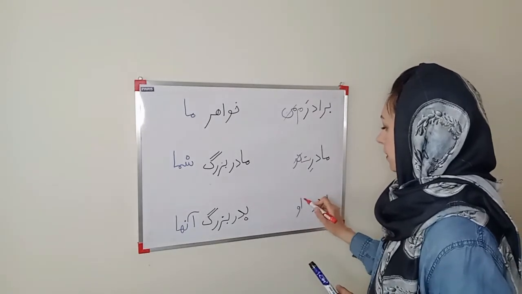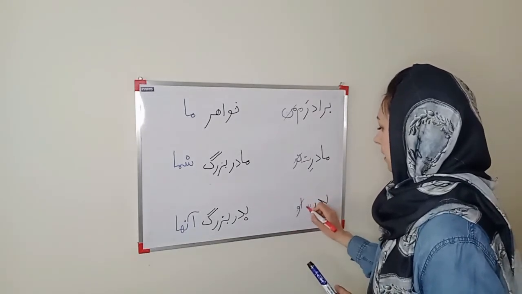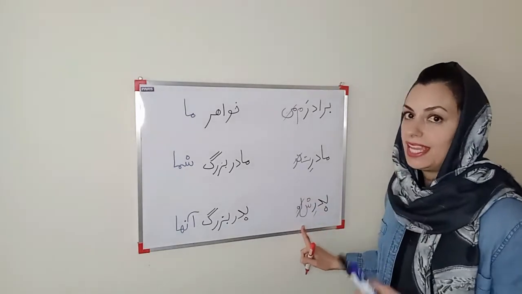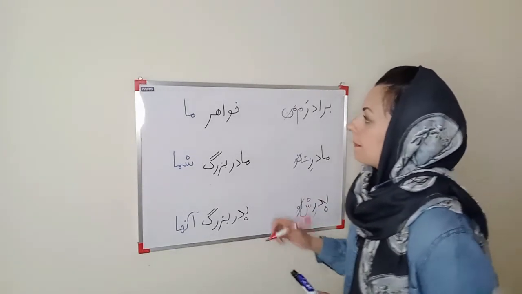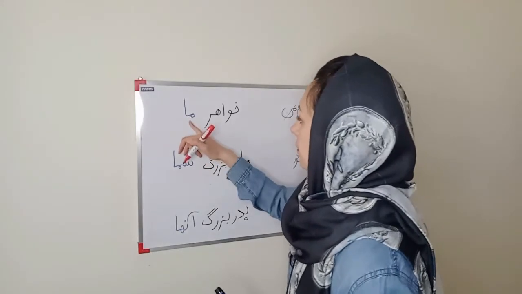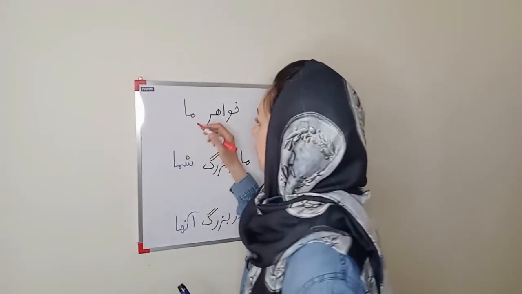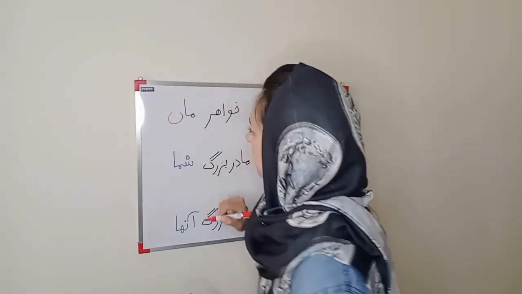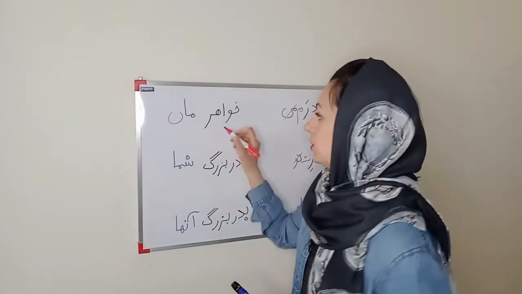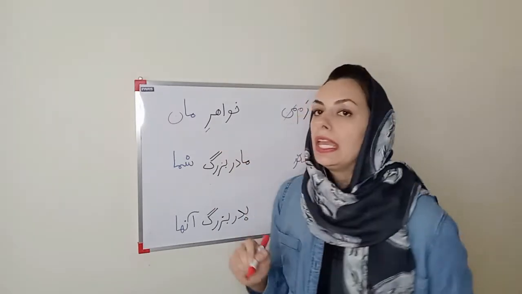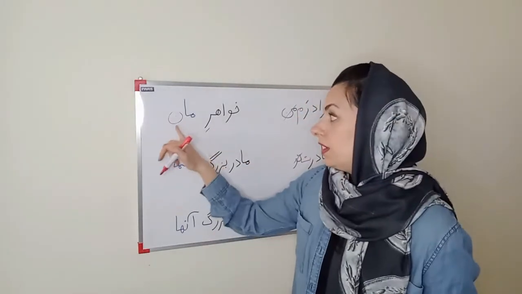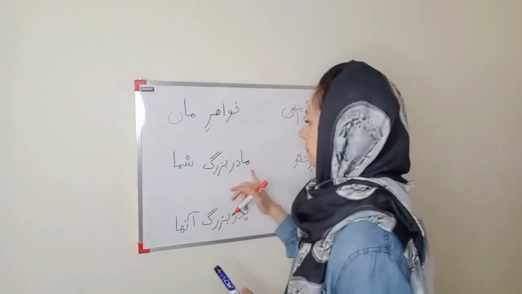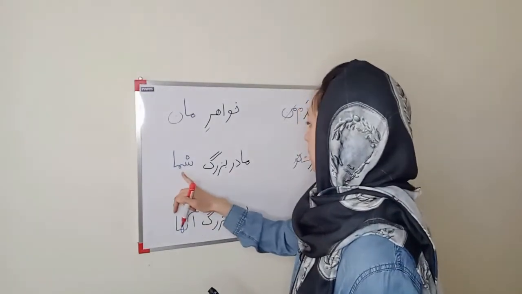پدر او, instead of او, we're going to say پدرش. And then instead of خواهر ما, we're going to just add a nun here, خواهرمان. But in spoken Persian, we know an becomes un, so we would say خواهرمون, our sister. مادر بزرگ شما.